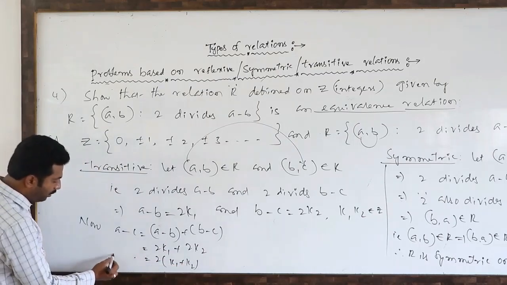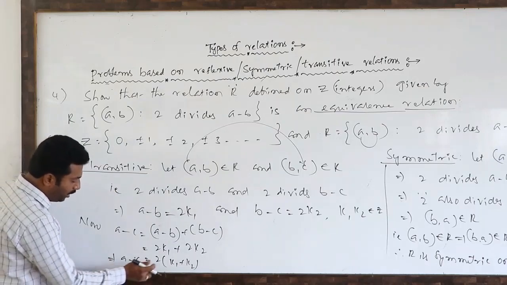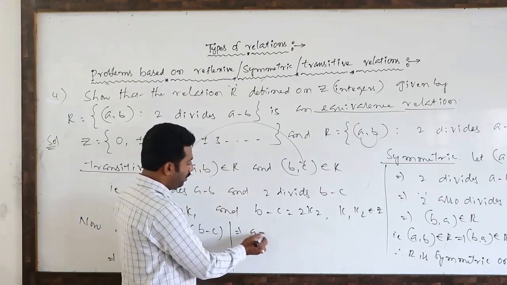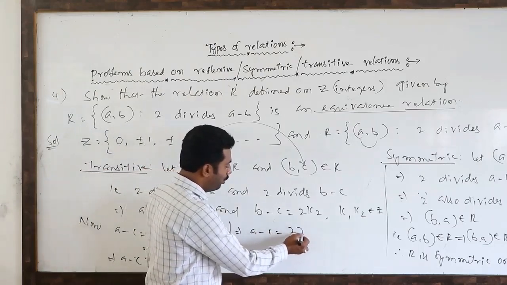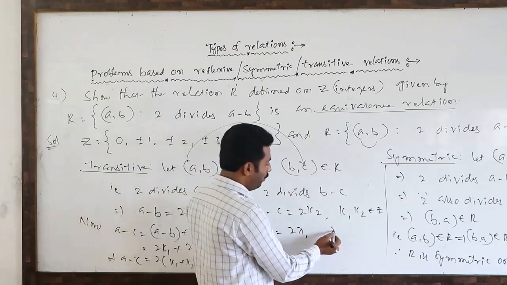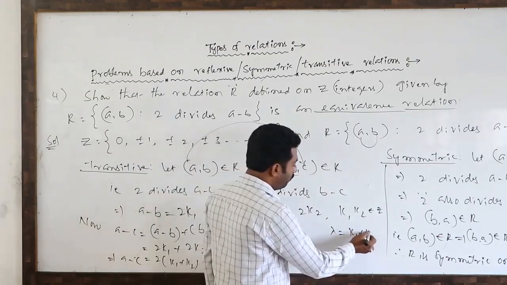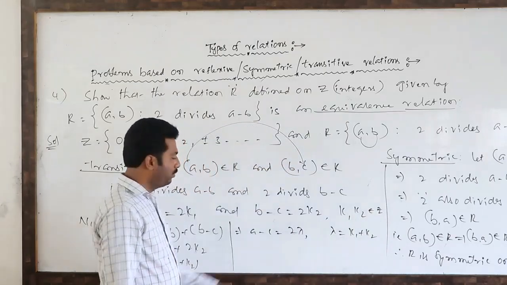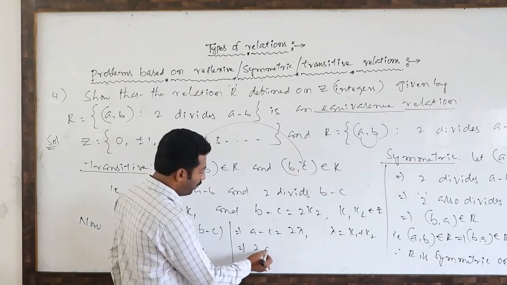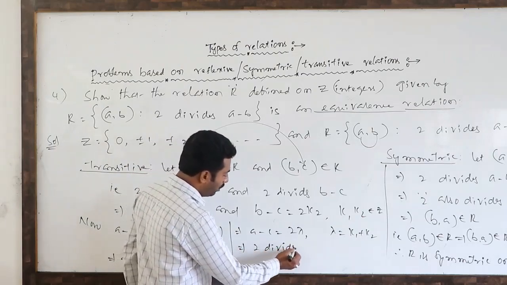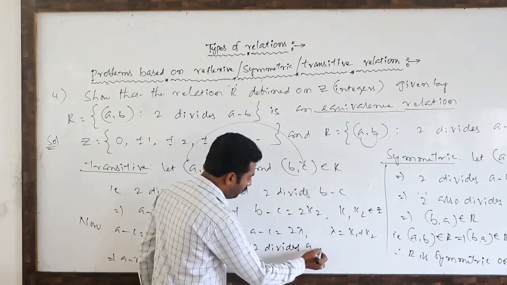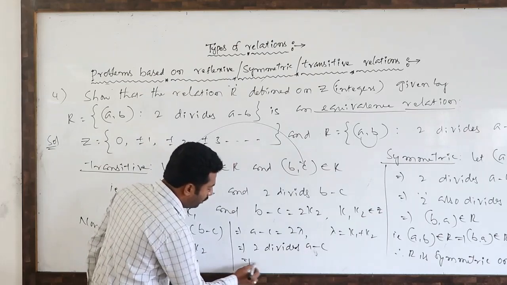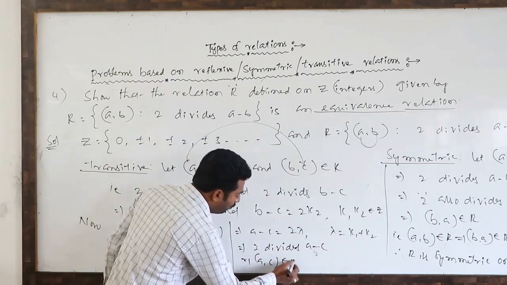So A minus C equals 2 into some lambda, where lambda equals k1 plus k2. See here, A minus C equals 2 into some integer means we can say that 2 divides A minus C.